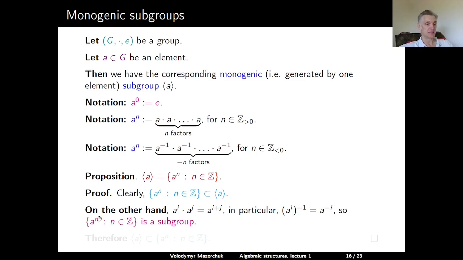This implies that the set of all elements a to the power n, where n is an integer, is indeed a subgroup. It contains a, so what is generated by a must be inside it. And so they are equal.